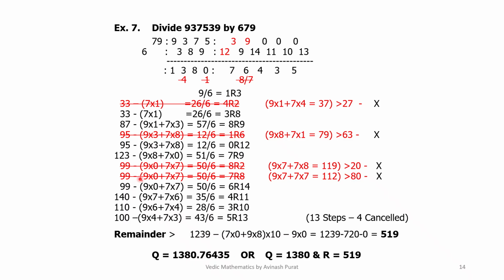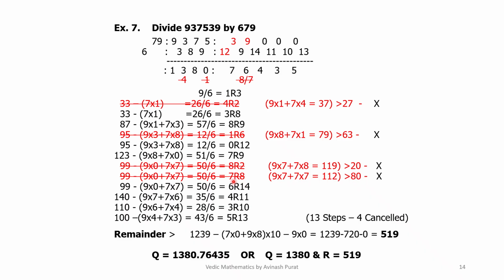We take 99 minus 9 into 0 plus 7 into 7 equal to 50 divided by 6. If we take quotient as 7, remainder is 8. So the next division would be 9 into 7 plus 7 into 7 equal to 112, which is bigger than 80. 8 being remainder, 80 is the dividend.